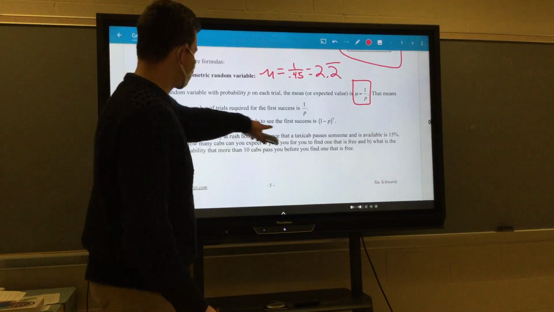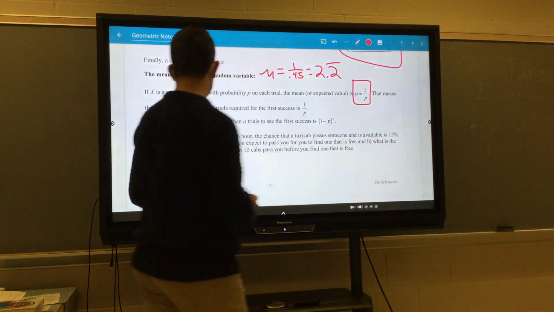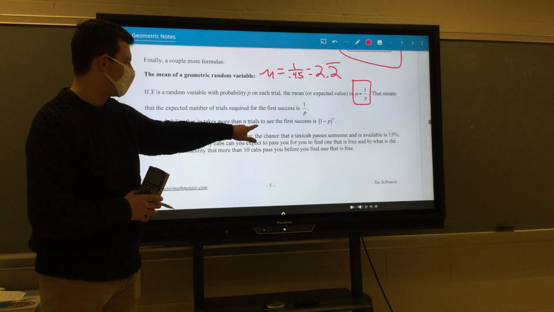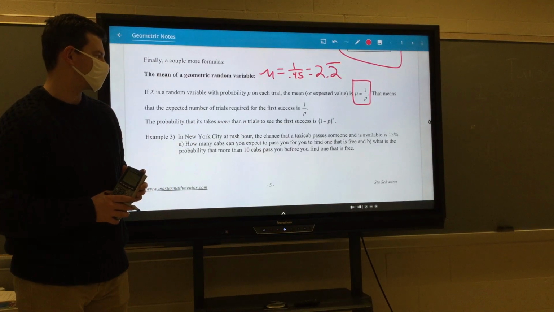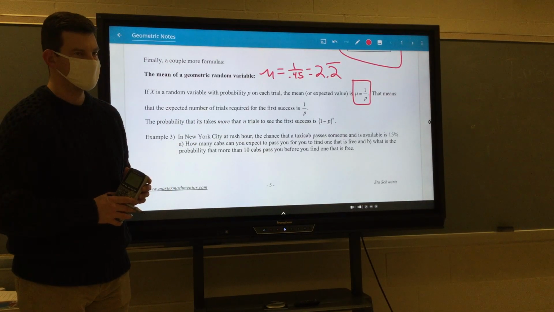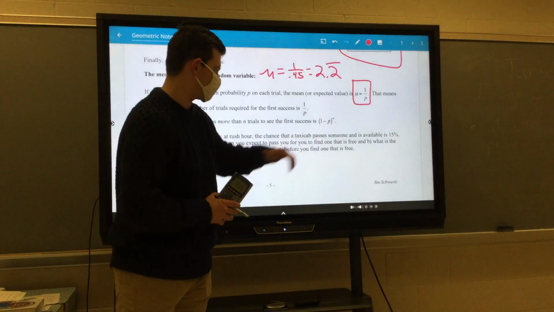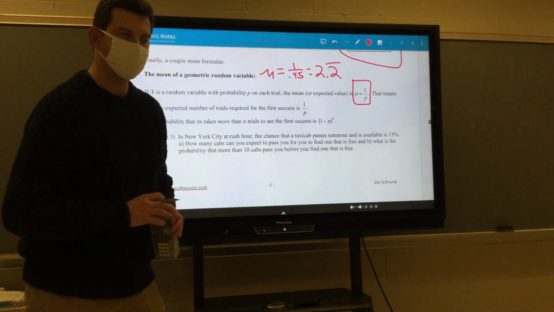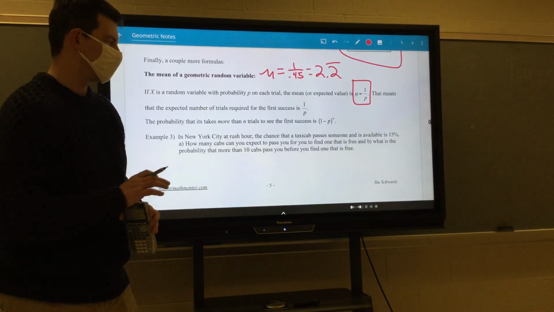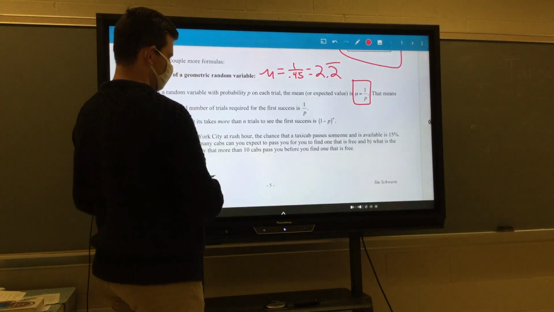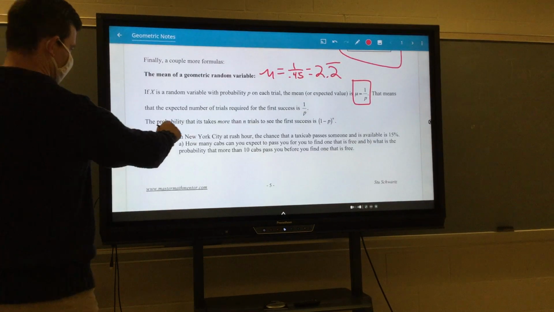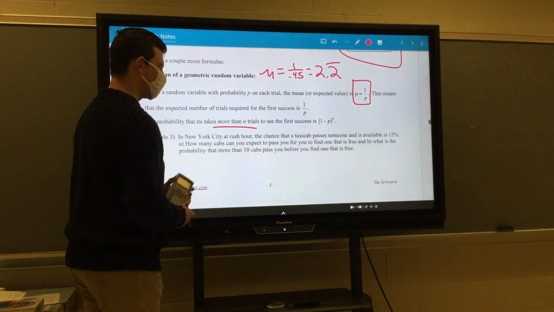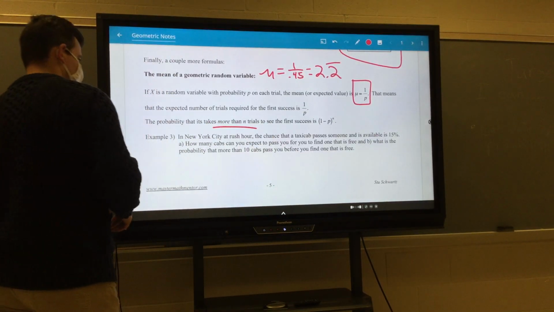We also have an additional equation right here that says the probability that it takes more than n trials to see the first success is given by this equation, probability of failure raised to the nth power. Think about what that means. The probability it takes more than n trials to see that first success.